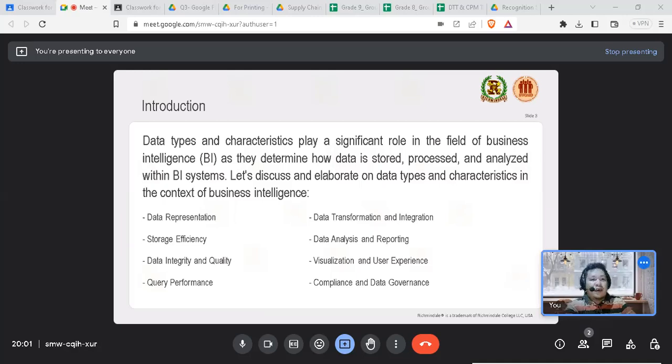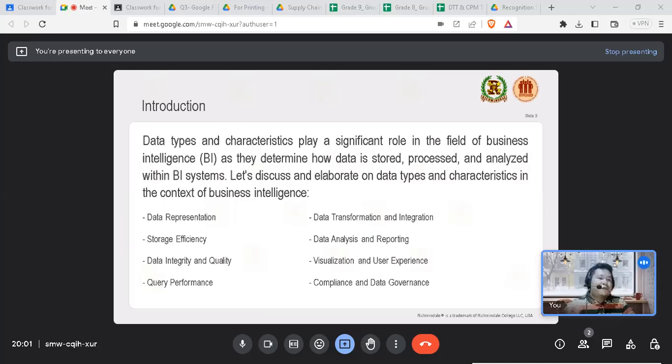The next one is data analysis and reporting. Data types are essential for accurate data analysis and reporting in business intelligence.